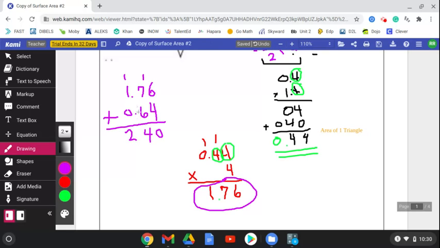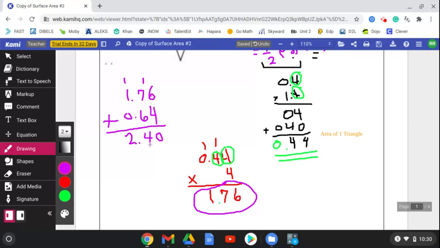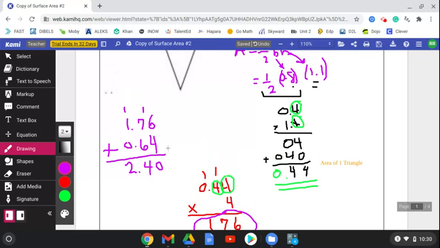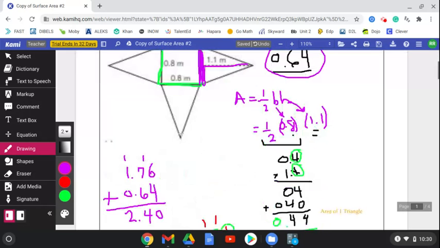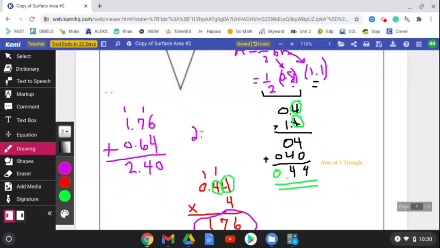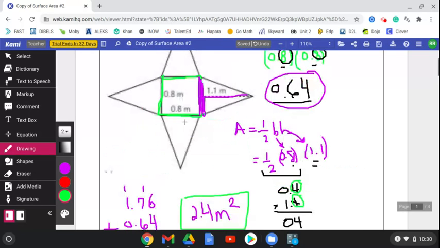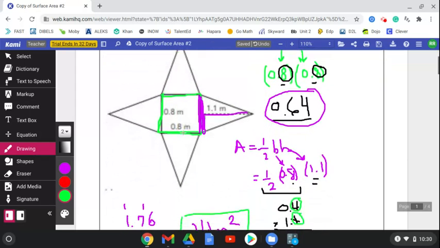Bring the decimal directly down. And so my answer is 2.40, or just 2.4. Okay, and this is surface area, so area is in square units. And so this is 2.4 meters squared. This 0 right here, we could say falls off. It's not really needed. So 2.4 square meters is the surface area of this figure.